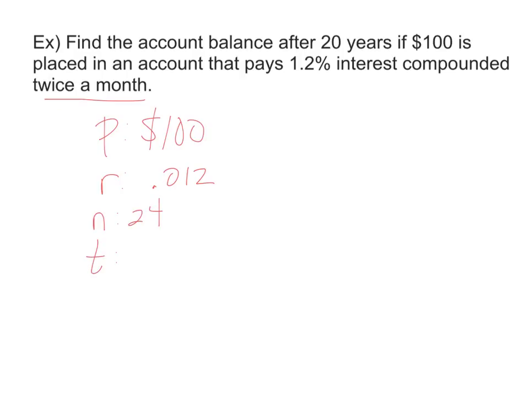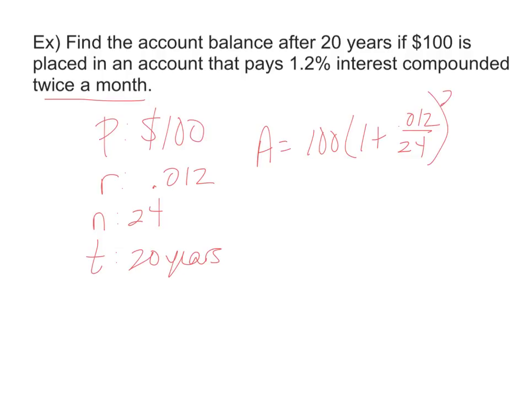And then our time is 20 years. So we set up our equation. Our A equals 100 times 1 plus 0.012 over 24 raised to the 24 times 20. And then it's just something where you type it into a calculator, make sure you use the right parentheses, etc. And when you do that, you should come up with $127.12.